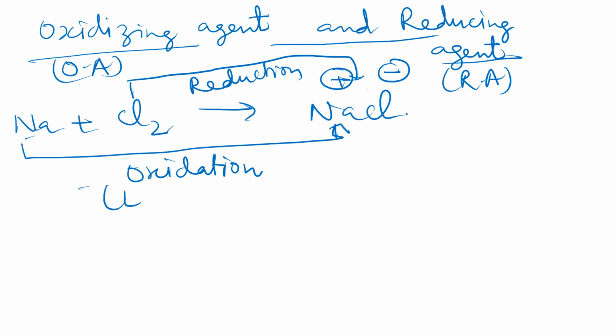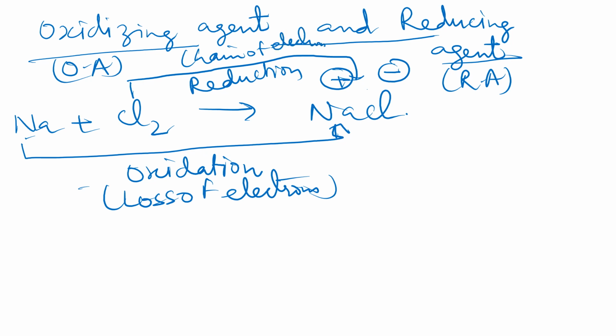Oxidation is loss of electrons and reduction is gain of electrons. So sodium is oxidized, chlorine is reduced.